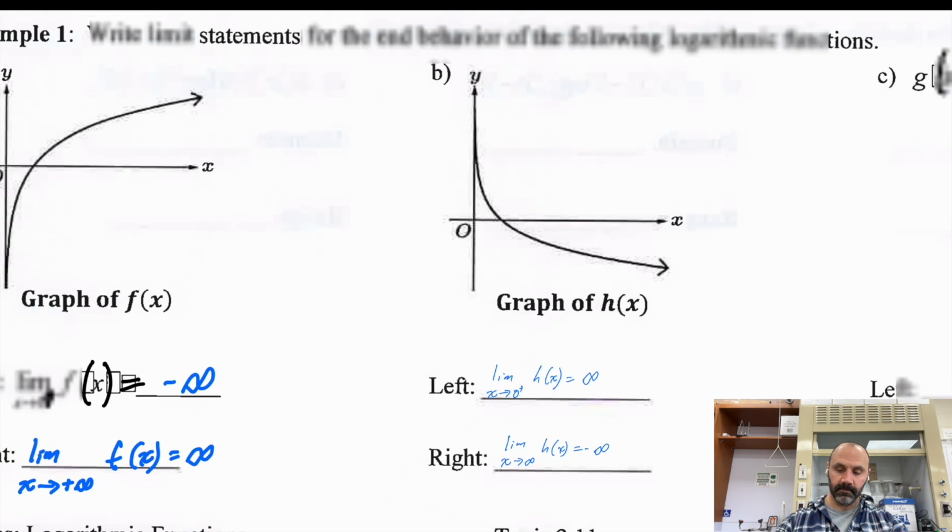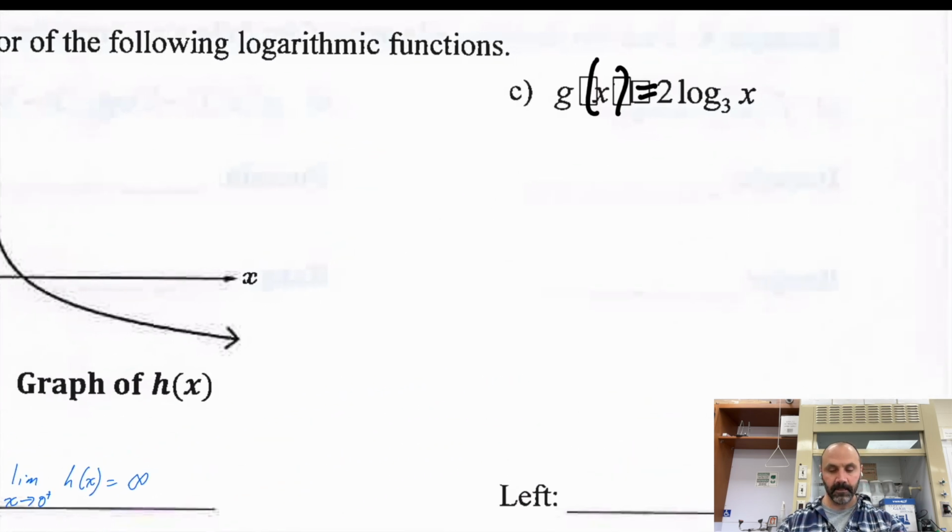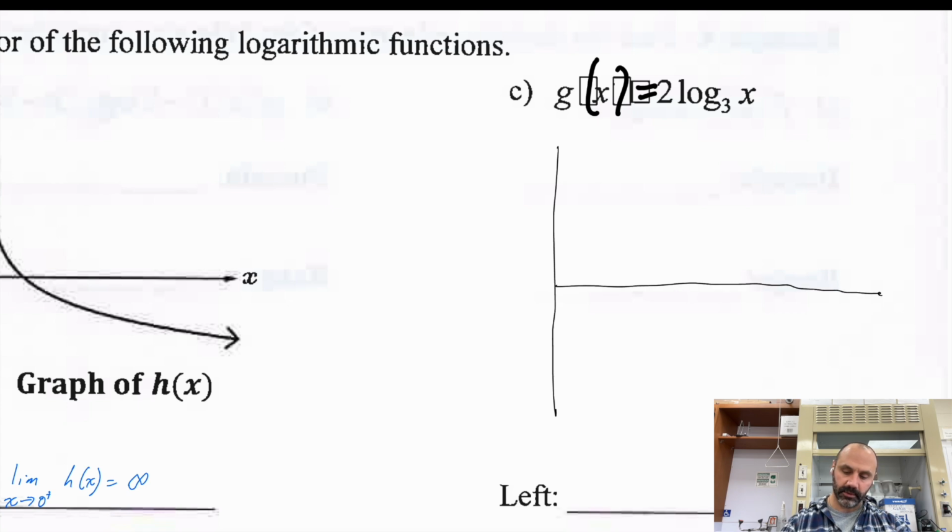Okay, very simple. Now we're on to c. So we're looking at g of x. What does g of x look like? 2 times log base 3 of x. So a is not negative, a is positive here. That means this function is going to look like what we could call our normal function, coming up across like that.